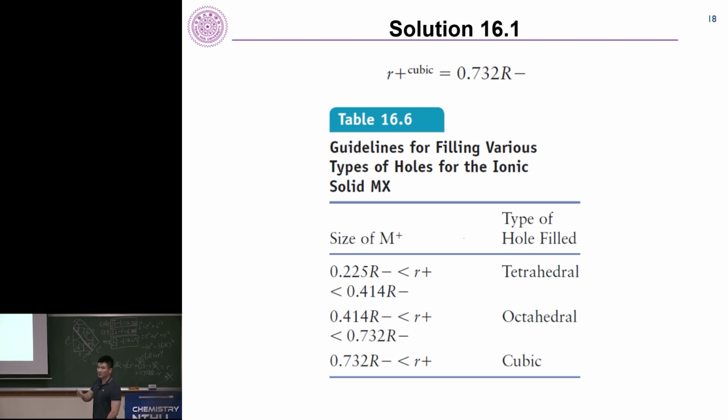If the question gives you 0.5 and 1.5, well, 0.5 divided by 1.5 is 1/3, so it will be 0.3333, and it's going to fall into the tetrahedral hole. And if the question gives you 1.2 over 1.5, then it's going to be how much? 0.8. Well, it's going to fall into the cubic hole. That's one way the question could test you.